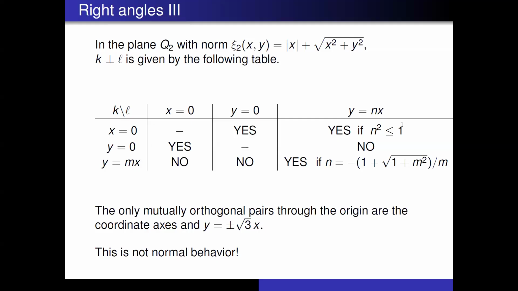And of course, it's not symmetric. The only mutually orthogonal pairs are the axes and y equals plus or minus the square root of 3 times x. The square root of 3 comes from this thing. If you stick in the square root of 3, you get minus the square root of 3. Okay, you can see that pretty easily. If you stick in minus the square root of 3, you get the square root of 3. But otherwise, it's not symmetric.